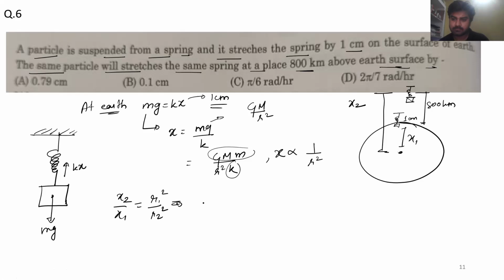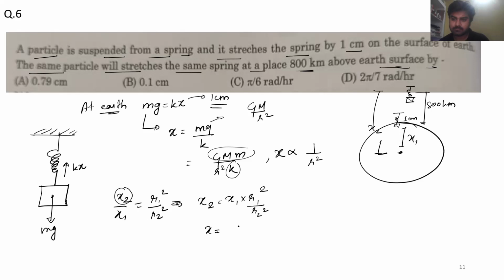I want to find x2, so x2 is equal to x1 into R1 square upon R2 square.